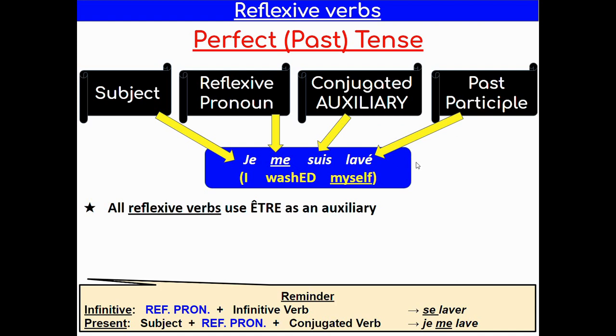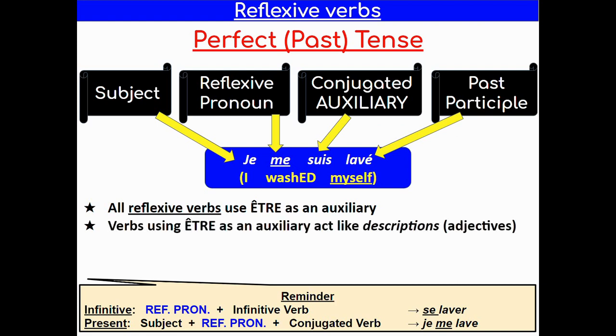It's not a verb that would on its own use être. However, because it's a reflexive verb, it does. So a good way to look at it is if you want to use a verb in the perfect tense and you spot that it's reflexive, you don't even have to look at your list and decide which one it is. It uses être as an auxiliary, always, always.